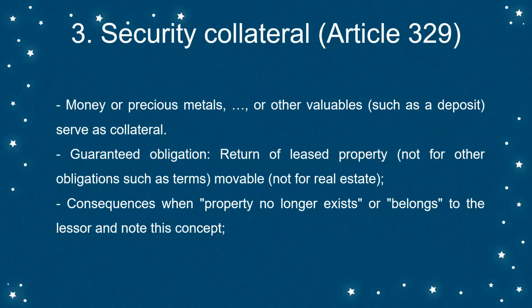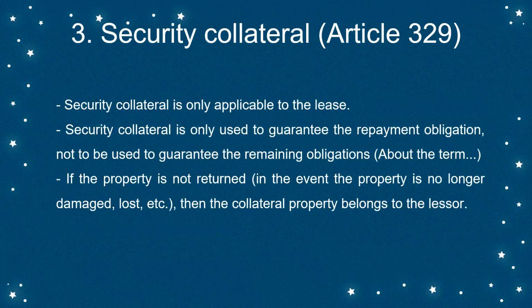So we have money, precious metal, and other valuables, such as deposits, serving as collateral. It guarantees the obligation of returning leased property, not other obligations, and applies to movable property, not real estate. We have some consequences when the property no longer exists or belongs to the lessor.